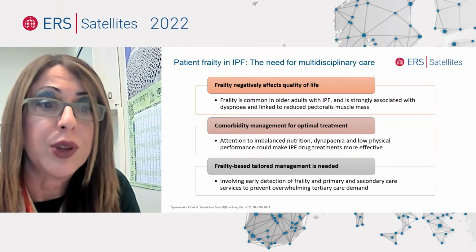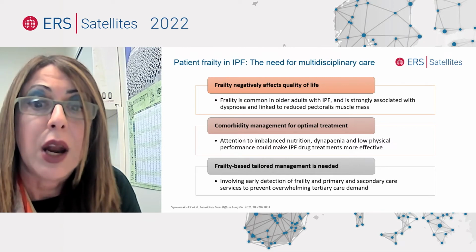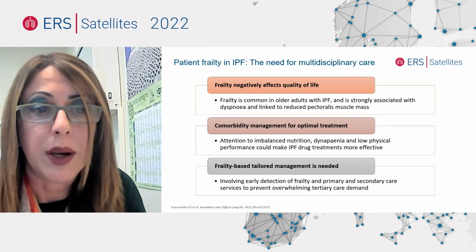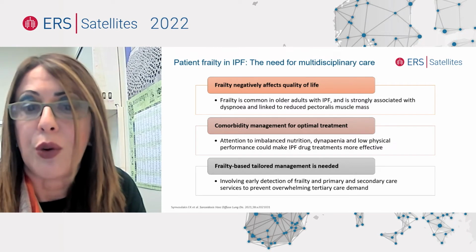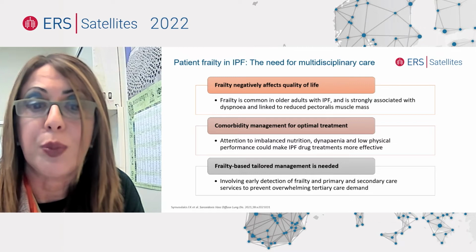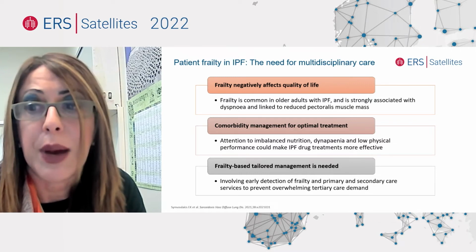So we have to take into consideration their nutrition and their low physical performance in order to help them. Moreover, we have to involve early detection of frailty in primary and secondary care services to prevent overwhelming tertiary care demand.